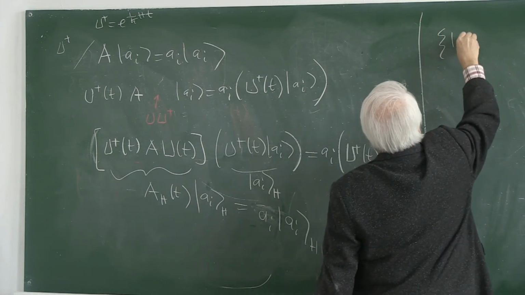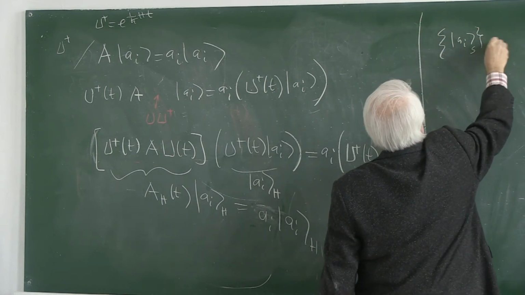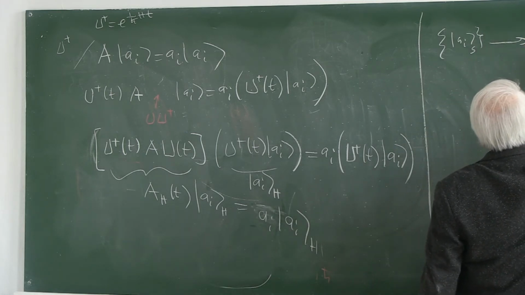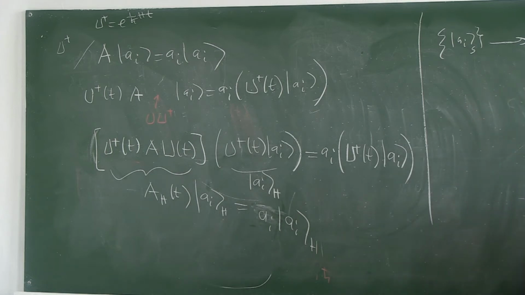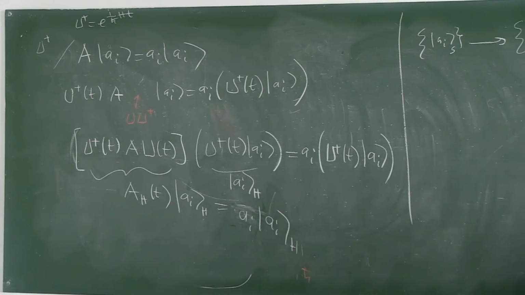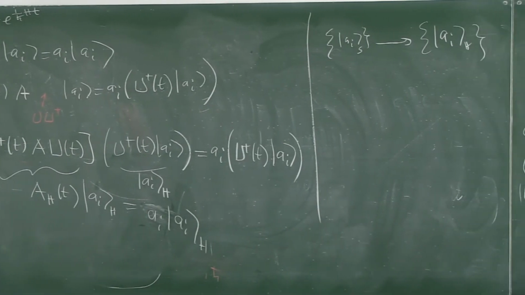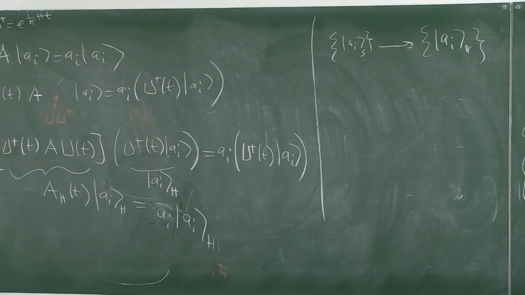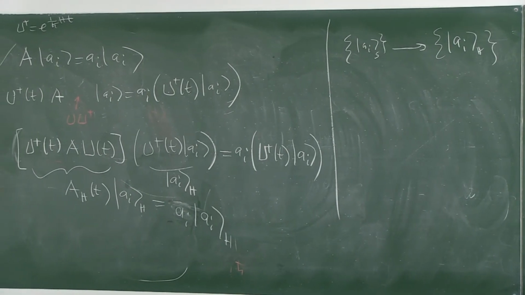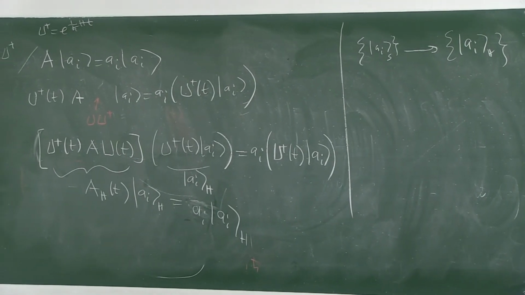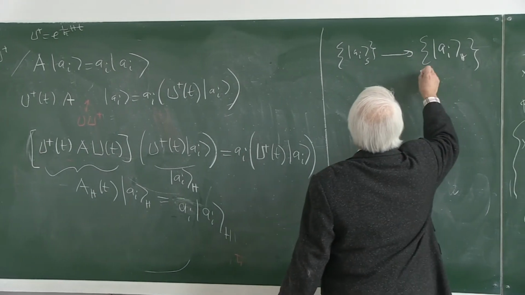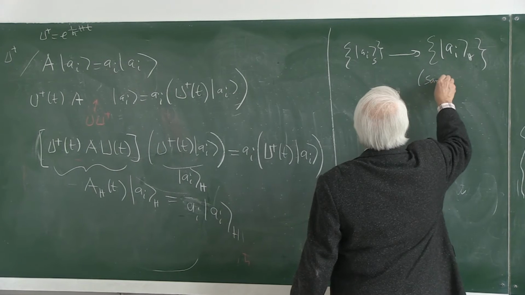This was in the Schrödinger picture, and we have transformed them to the Heisenberg picture, being eigenvectors of the observable A. So notice that eigenvalues stayed the same, but eigenvectors changed. Same eigenvalues.